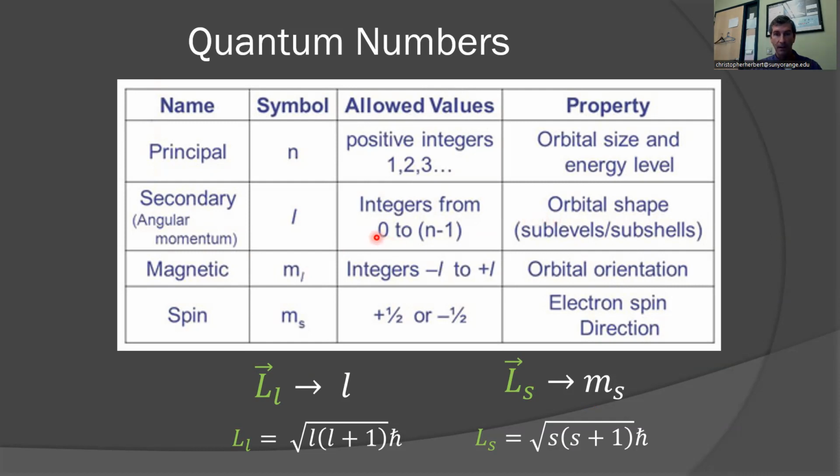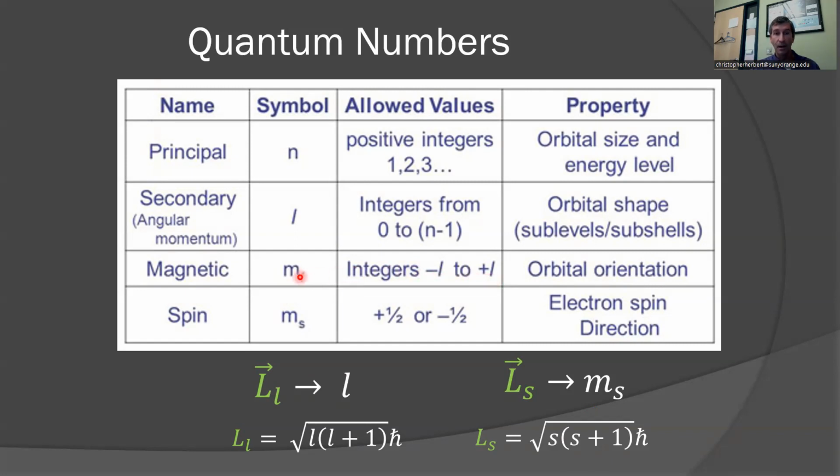L equals 0 is going to be your S orbitals, P is going to be L equals 1, D is going to be L equals 2, your F is L equals 3. And then your magnetic quantum numbers talk about how these orbits are actually aligned with the z-axis, and these are quantized also. They go from negative L all the way up to positive L.